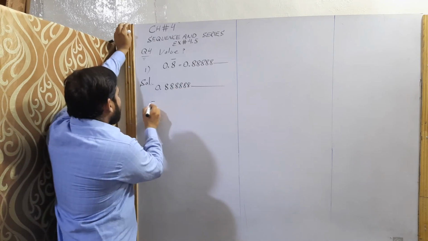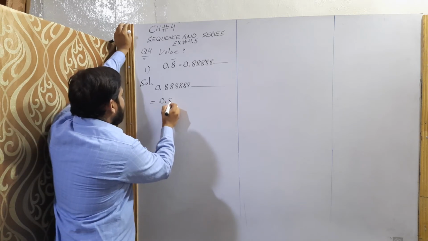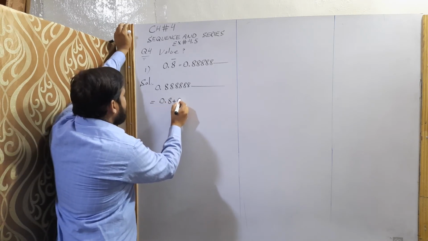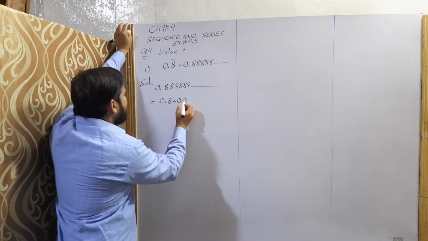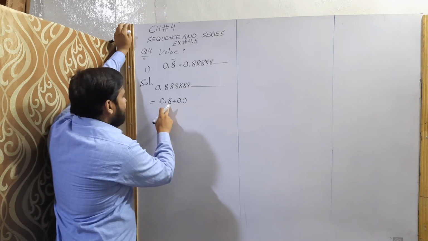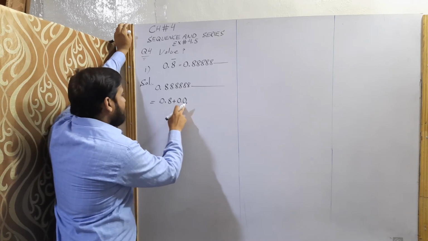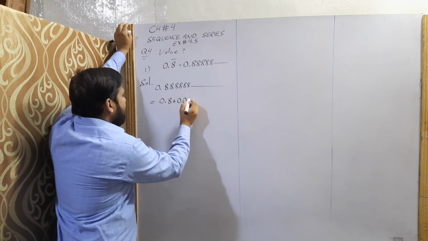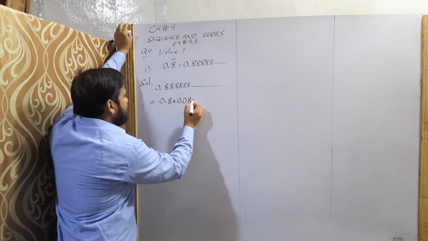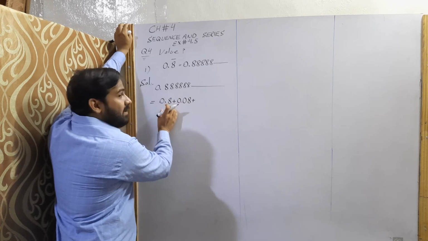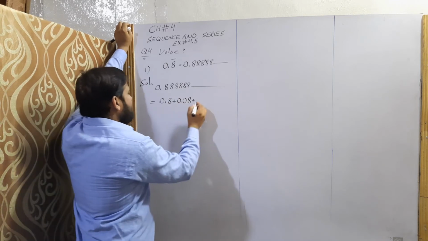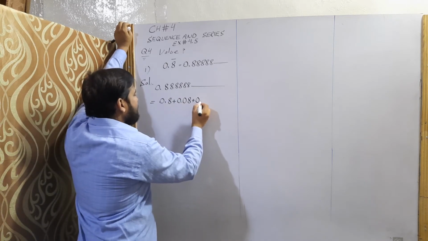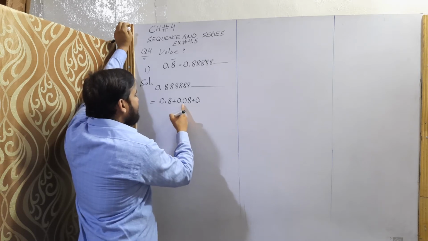This can be written as 0.8 plus 0.0, instead of this 8 write 0, and the next one is 8. We can write in this form. So 0 point, how many zeros?